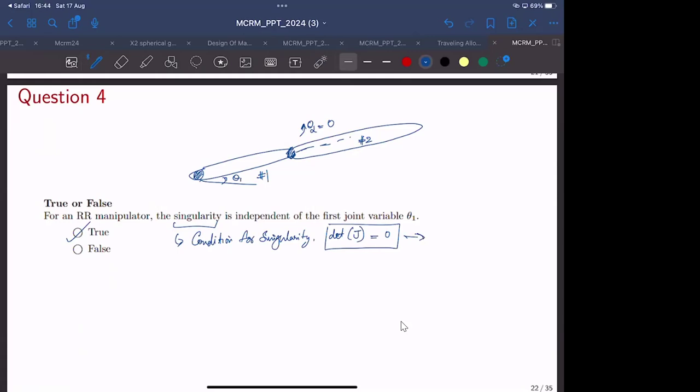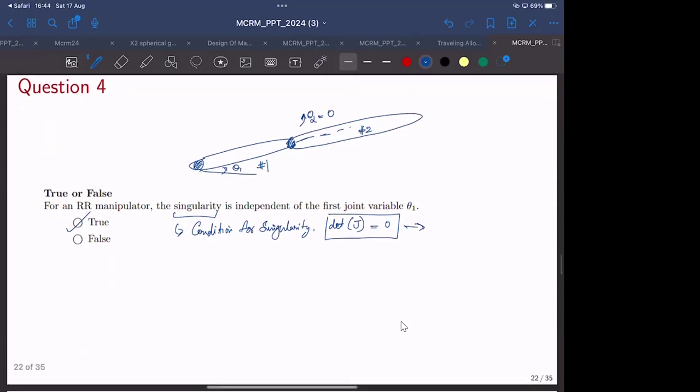And just for the sake of demonstration, I can actually show that. So the forward model, if I consider this to be the x-axis and this to be the y-axis, the forward kinematic model for an RR joint would be something like this.